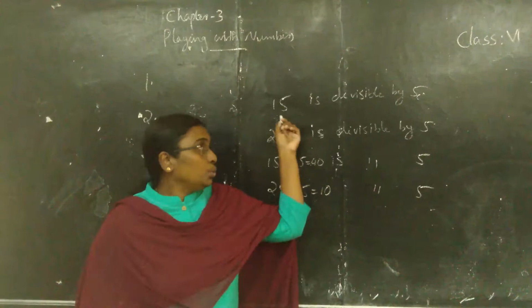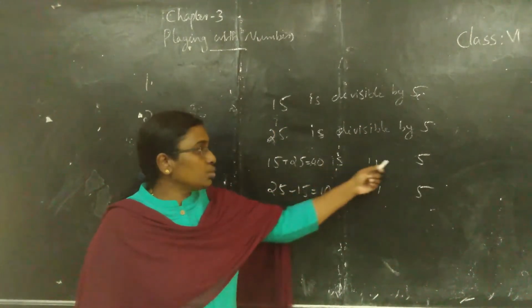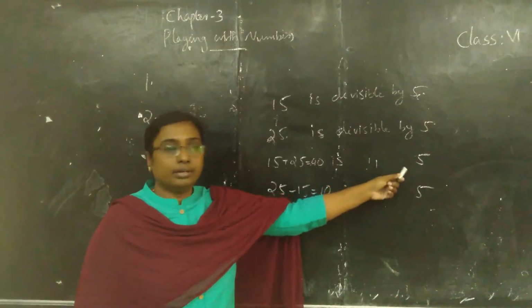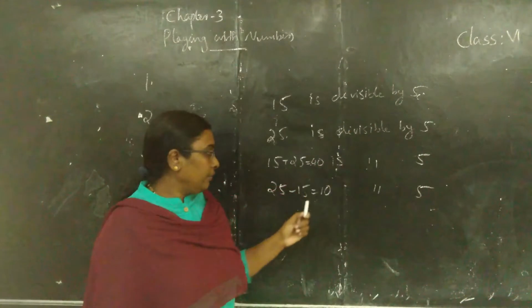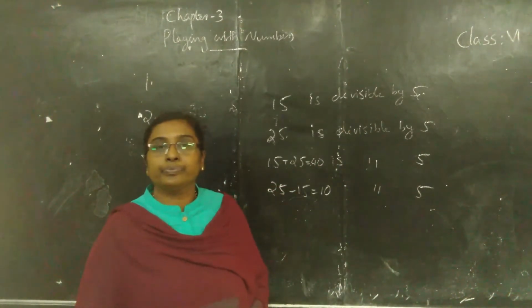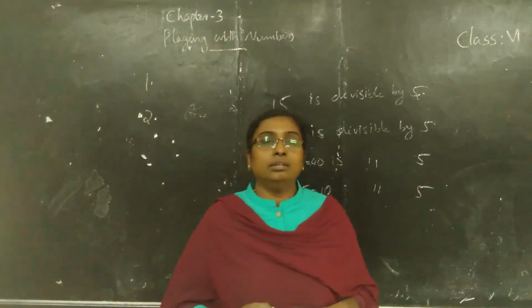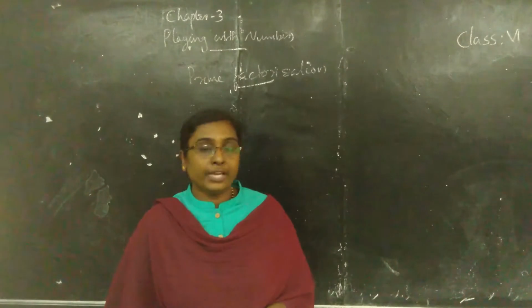If two numbers are divisible by a number, their sum is also divisible by that number. And if two numbers are divisible by a number, then their difference is also divisible by that number. Okay? These are the four other rules. Okay. Prime factorization.